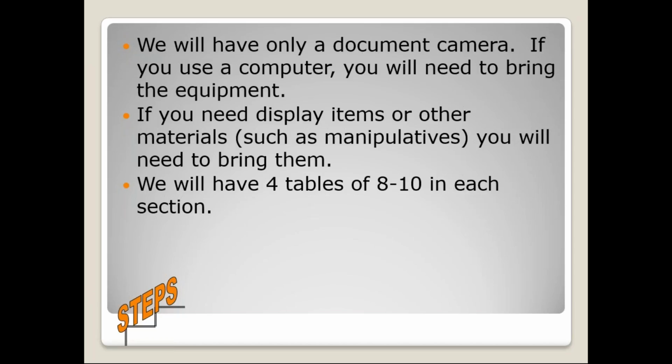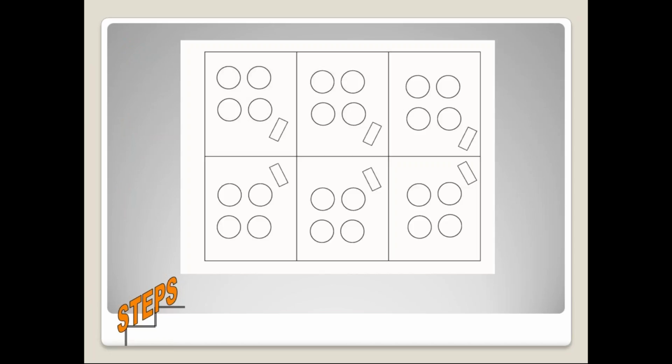So with those card sets and 10 people at a table, I did 3 to 4 sets per table. So I was bringing about 16 sets of cards, and then I was reusing them each time. As secondary folks, you're very used to that idea of having class sets. But that lets you know. So this is a sample floor plan.